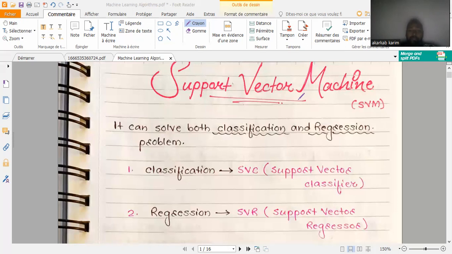When we use it to solve the classification problem, this algorithm is called SVC, support vector classifier. And if we use this algorithm to solve a regression problem, it is called support vector regression. Okay, so I hope that point is clear for you.